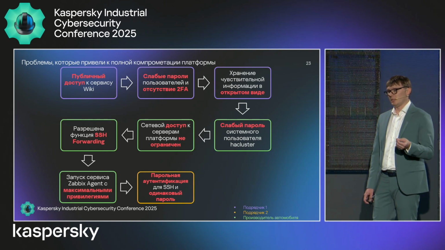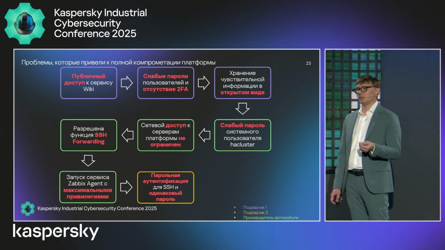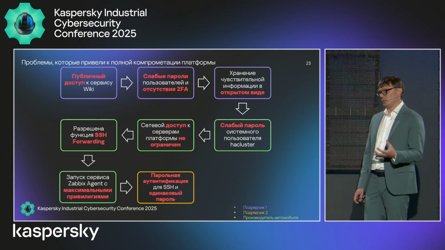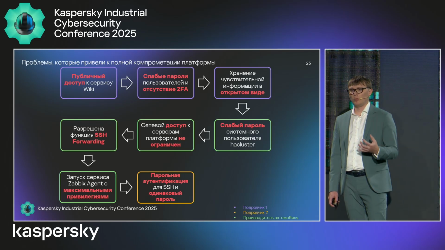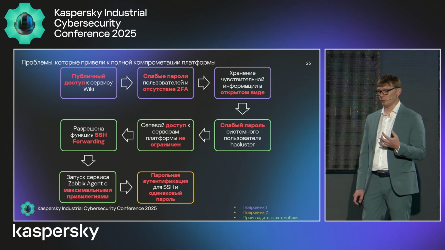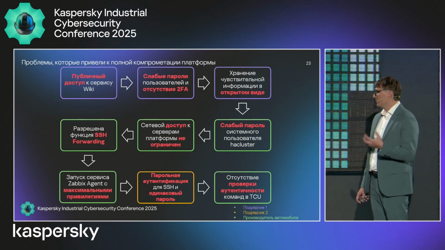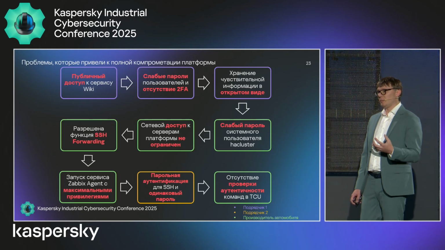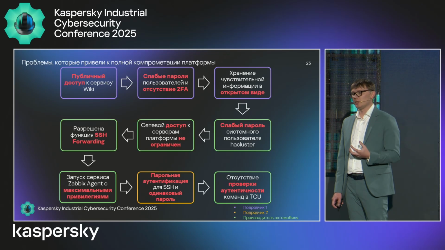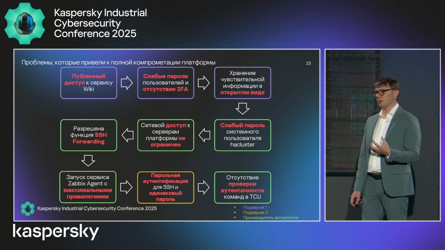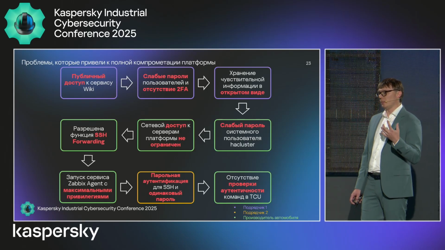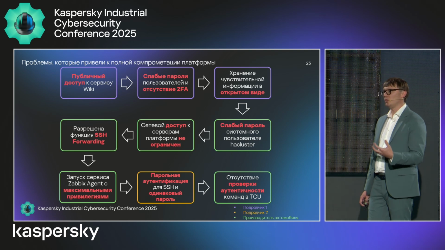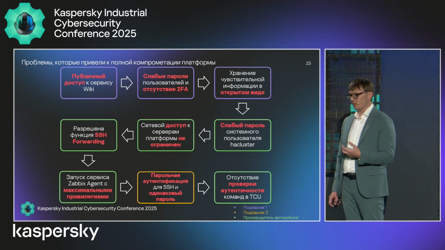Because password authentication for SSH was allowed and they used the same password, we were able to compromise the whole telematics infrastructure. And finally, the most important factor is that the vehicles themselves did not check the authenticity of the incoming information, which led to threats to physical safety.